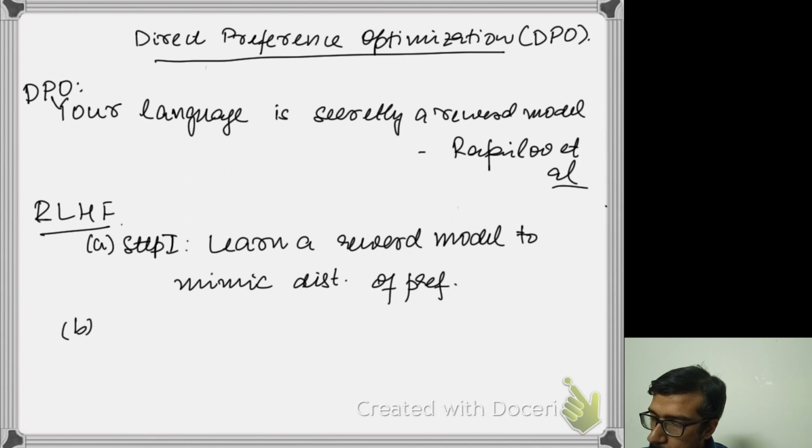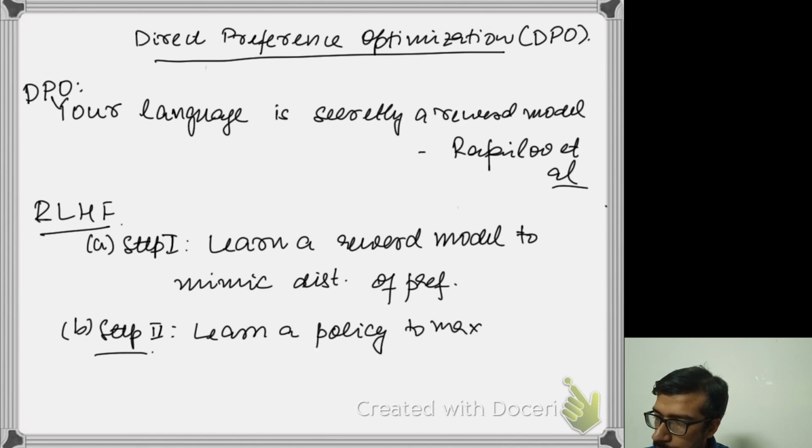And the second step is to learn a policy to maximize the rewards. We'll look at these steps in detail as well, but essentially this is a two-step approach.